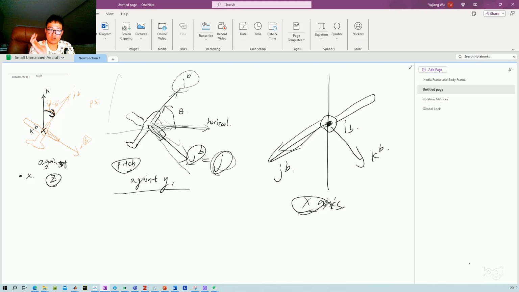If you're pointing up, the angle in this direction is the right-handed rotation, which is positive. If we define this as vertical, we'll define this angle as phi, the Greek letter.